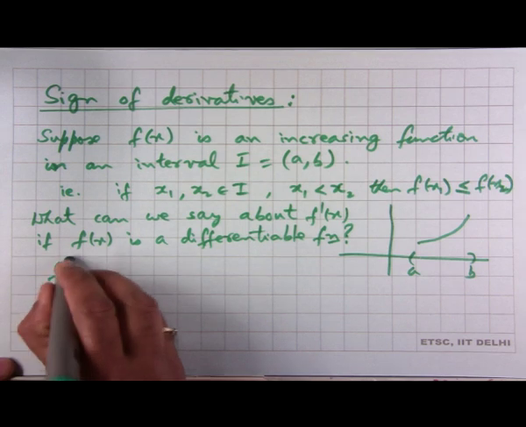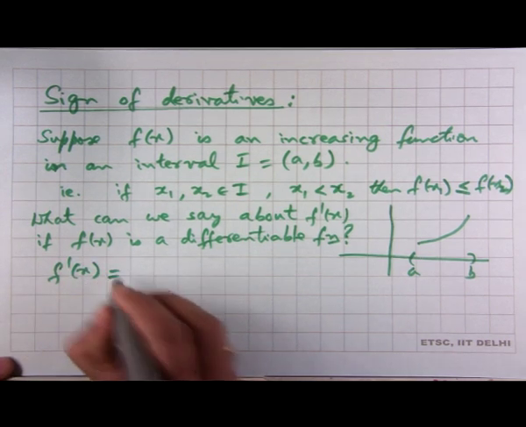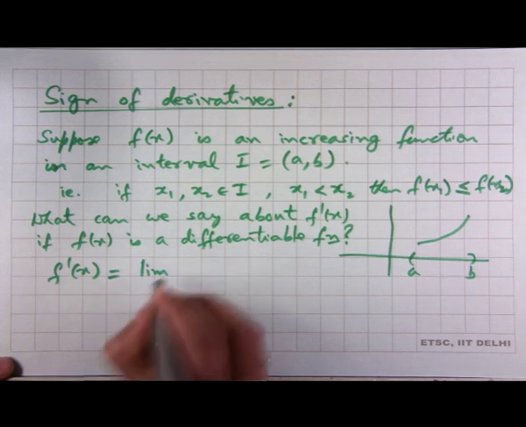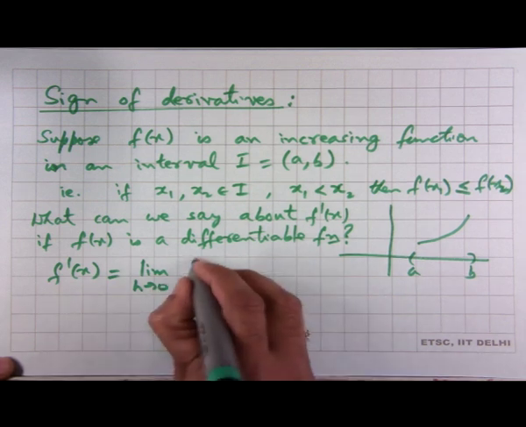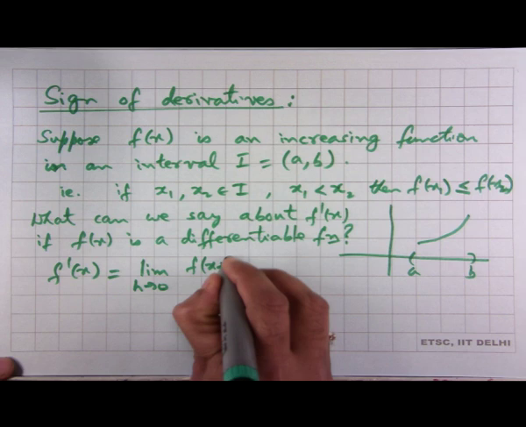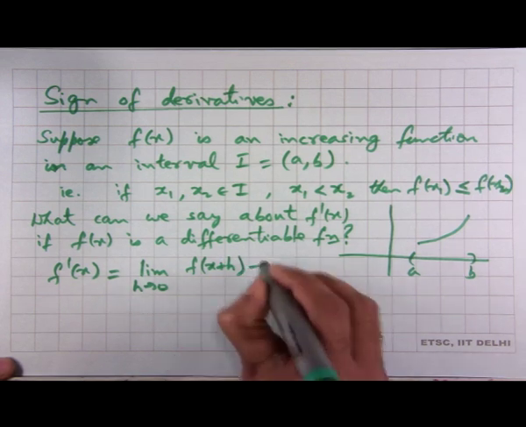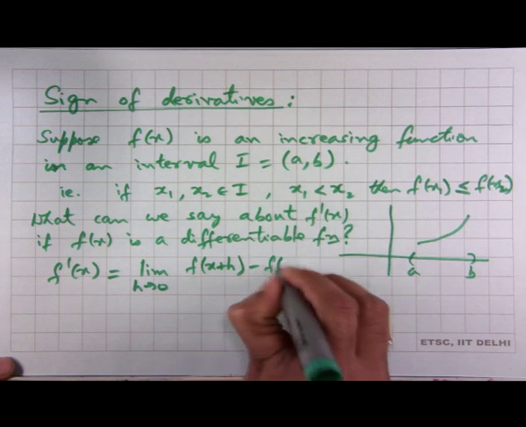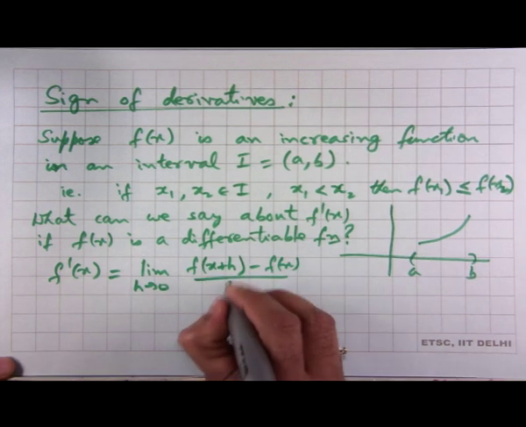We have f prime of x is nothing but the limit of h approaching 0 of f of x plus h minus f of x divided by h.